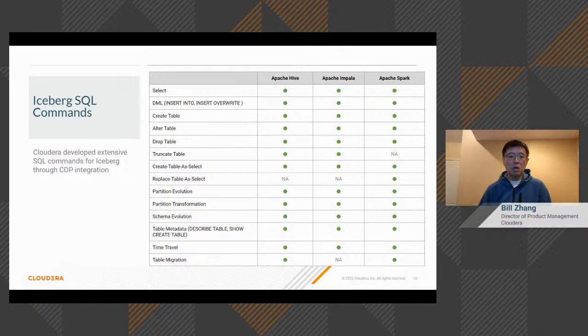We will continue to contribute to the Iceberg open source community by developing more SQL commands for more operations on Iceberg, integrating more analytic engines with the Iceberg table format, and enhancing our multifunction analytics capability for Iceberg in the cloud.